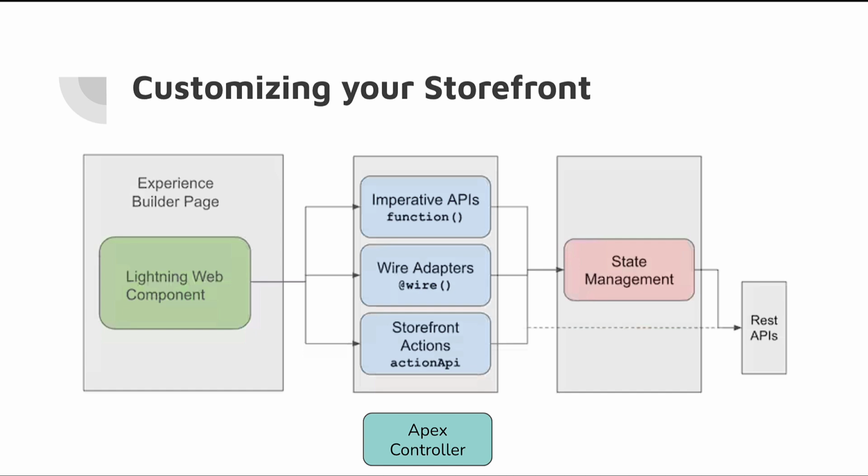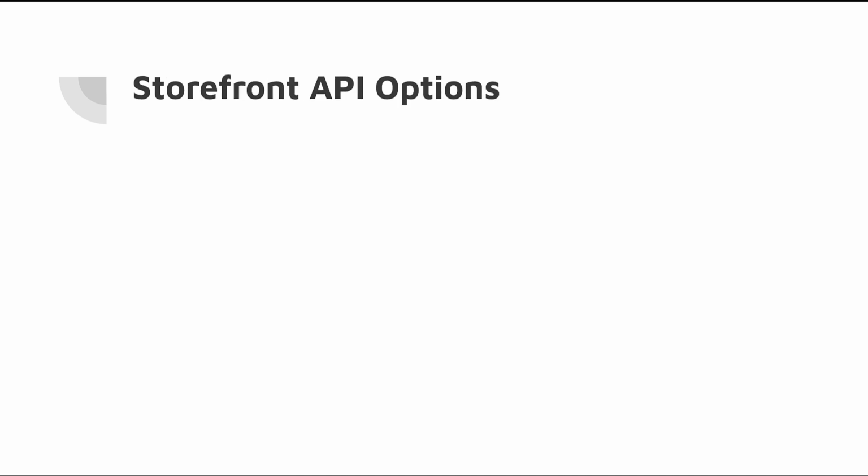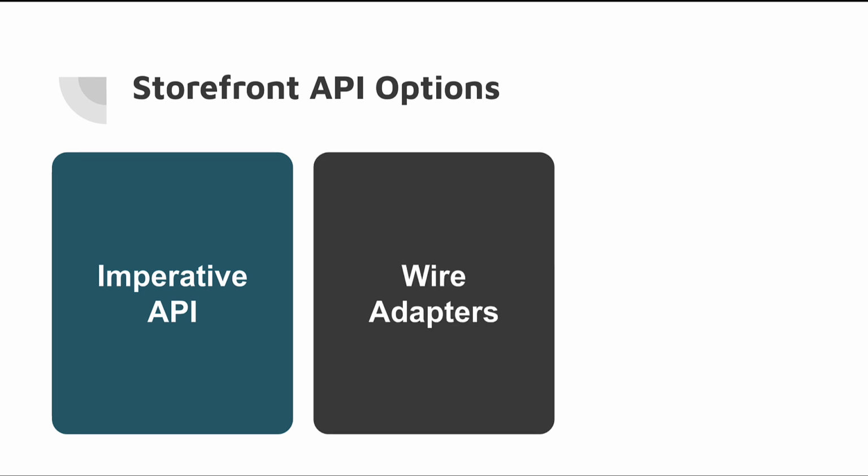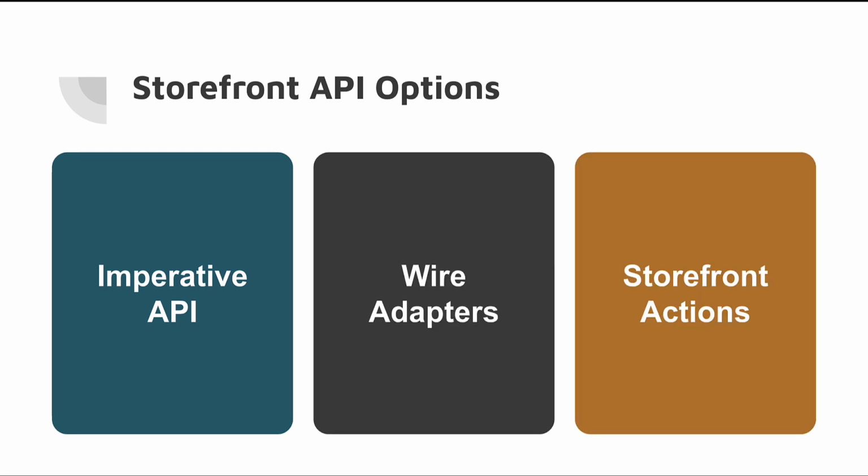But when you're customizing your storefront, there is the front end here, which is your Lightning Web Component. There's the back end, which can either be abstracted out to these APIs, or you can build your own Apex controller. And then, of course, you've got your state management REST APIs if you're going down the Store API route. So as I mentioned, there's three options: imperative API, wire adapters, and Storefront Actions. And we're going to dive into each one of these.